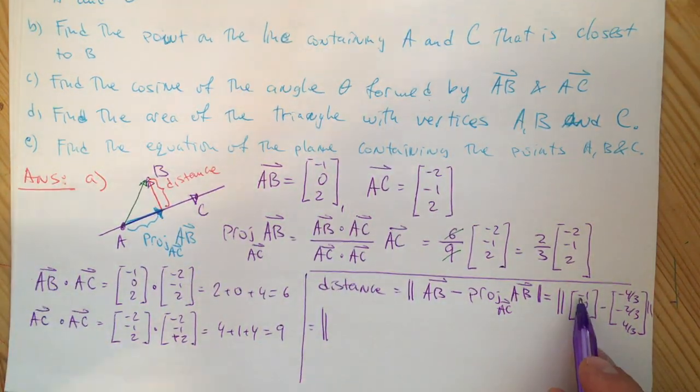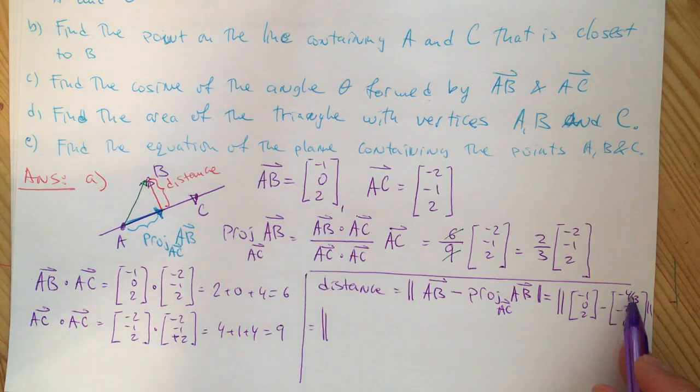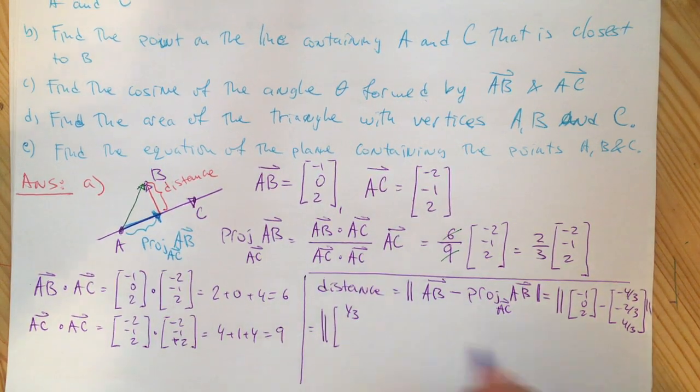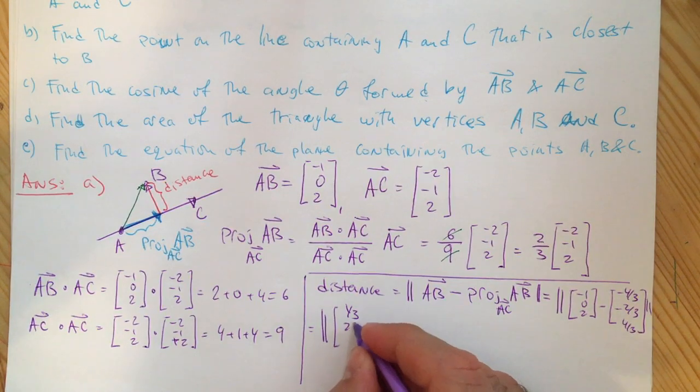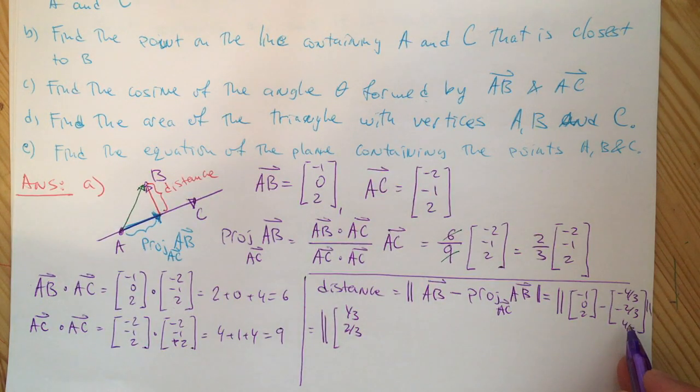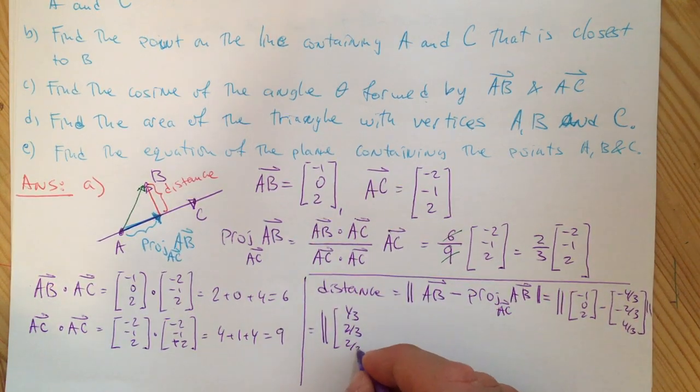So let's see. Negative 1 plus 4 over 3 is 1 over 3. 0 minus negative 2 over 3 is positive 2 over 3. And finally, 2 minus 4 over 3, that's 6 minus 4 over 3, that's 2 over 3.